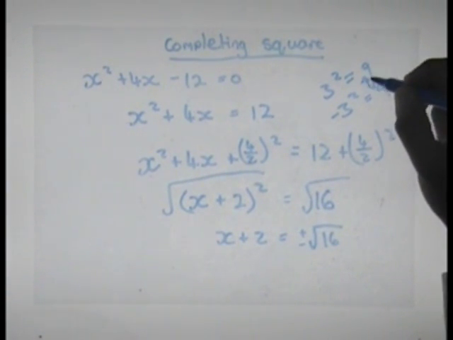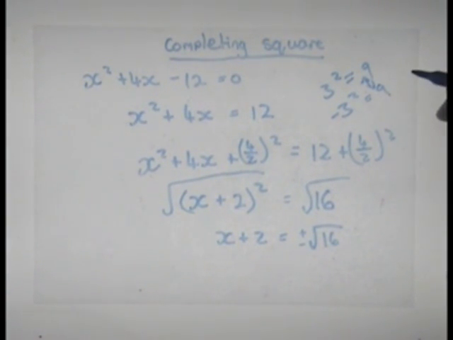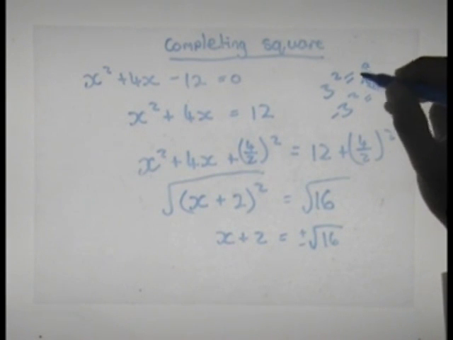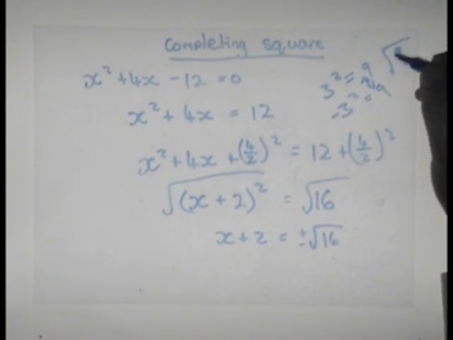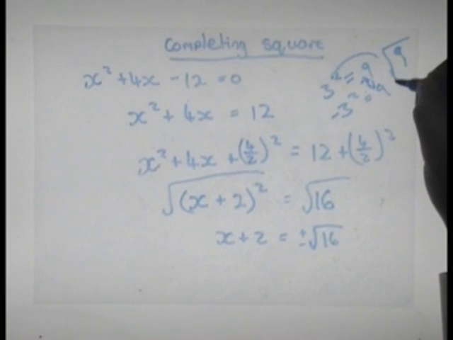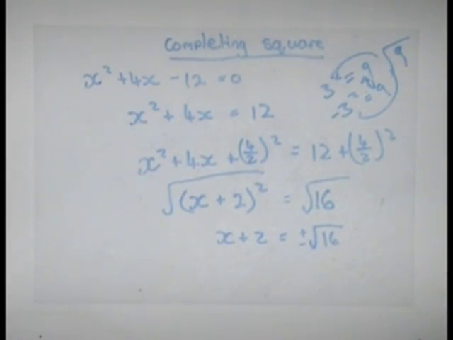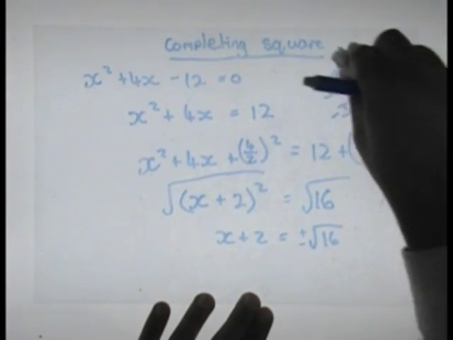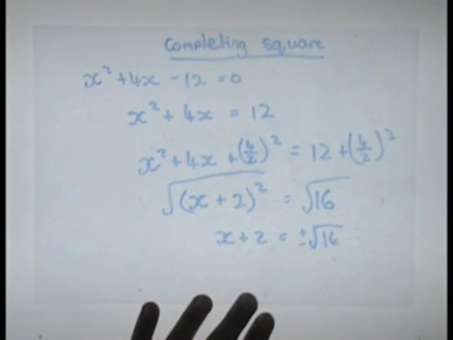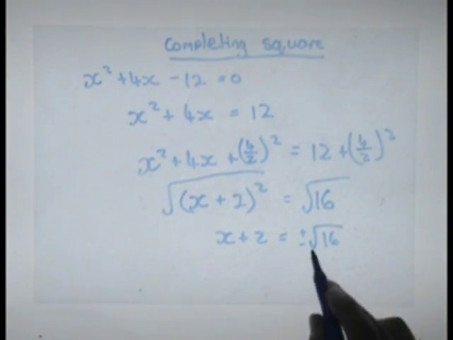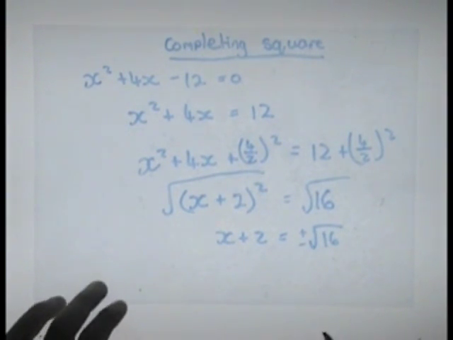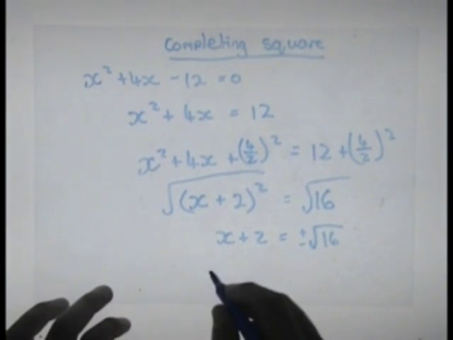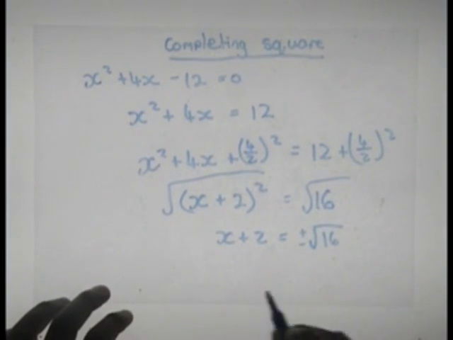They both gave the same answer. That means that the square root of 9 will either equal positive 3 or negative 3. In this case here, the square root of 16 can either be positive or negative. That means that I've got two different values.